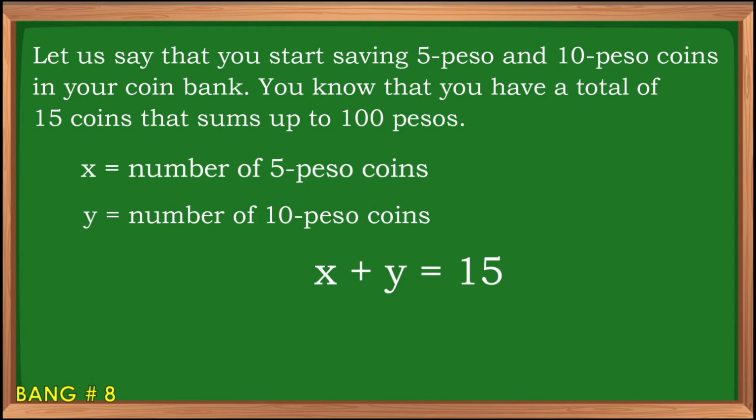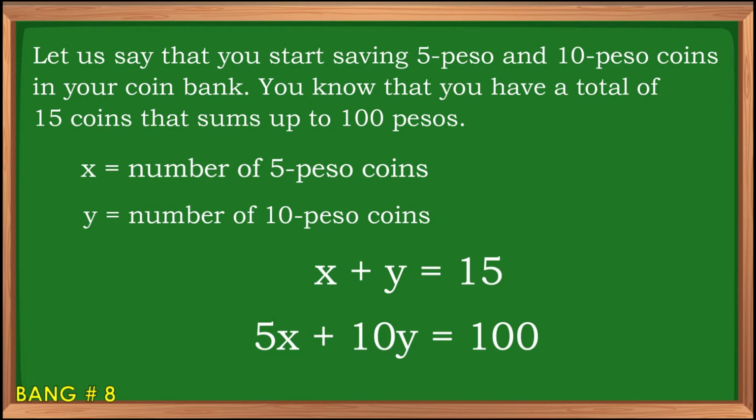The total value of the 5 peso coin can be represented by 5 times the number of coins x, while the total value of the 10 peso coin can be represented by 10 times the number of coins y. Since the sum is 100, our second equation is 5x plus 10y is equal to 100.